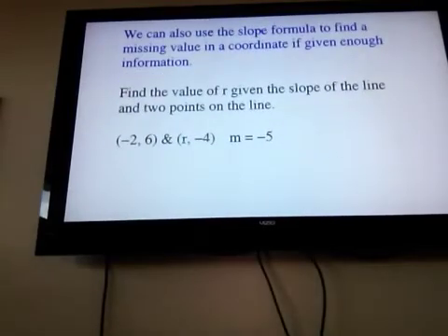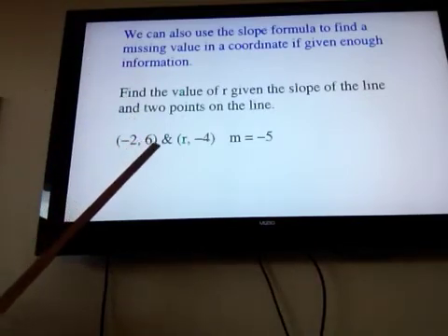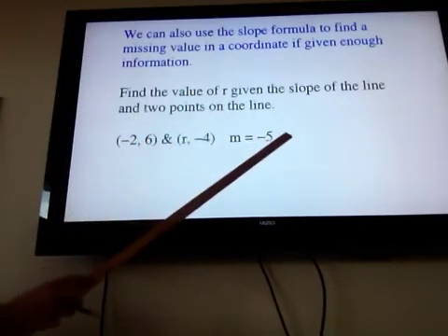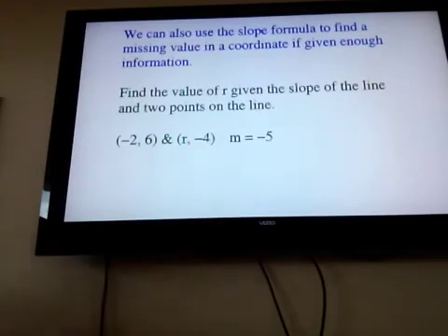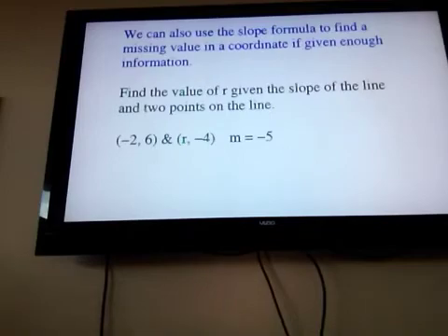Okay, we can also use this slope formula to find a missing value in a coordinate if you're given enough information. And we are in my examples. Given that we have these two ordered pairs and that the slope equals -5, my m value is -5, I want to find the value of that variable r from that ordered pair.